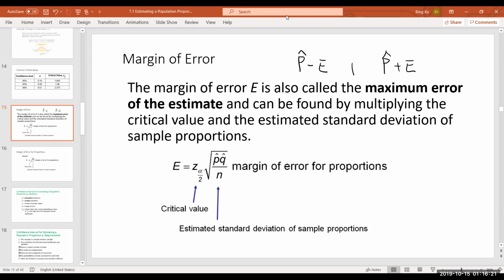So your actual population proportion should be in between these two values. There is a formula here to find the margin of error. After you find your P hat, the point estimate, you find the margin of error, and P hat minus E to P hat plus E will be the confidence interval. So this is the formula we use. Okay, so move on.